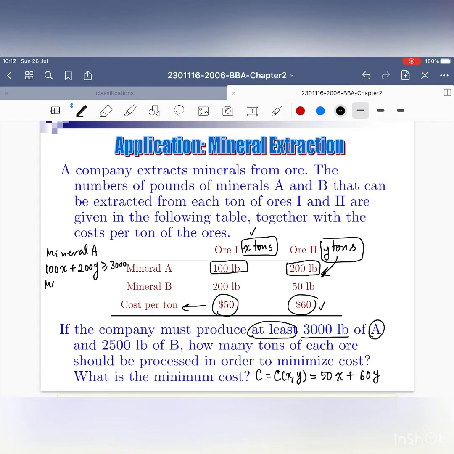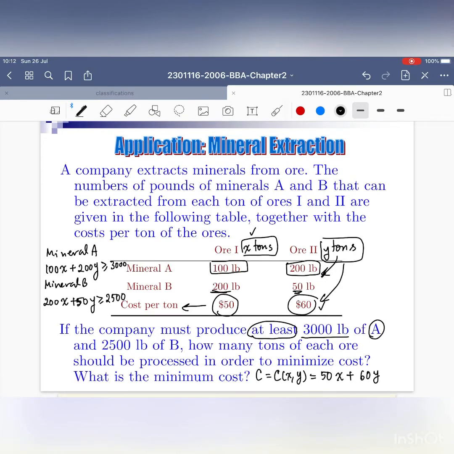For the other mineral B, you are going to have 200 pounds multiplied by x tons, and 50 pounds multiplied by y tons of your second ore, and it must be greater than or equal to 2,500.